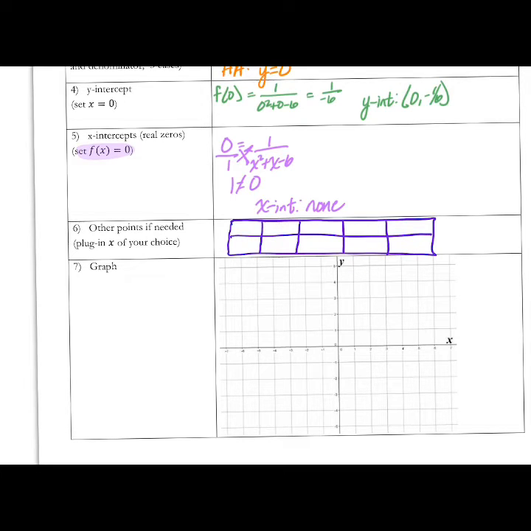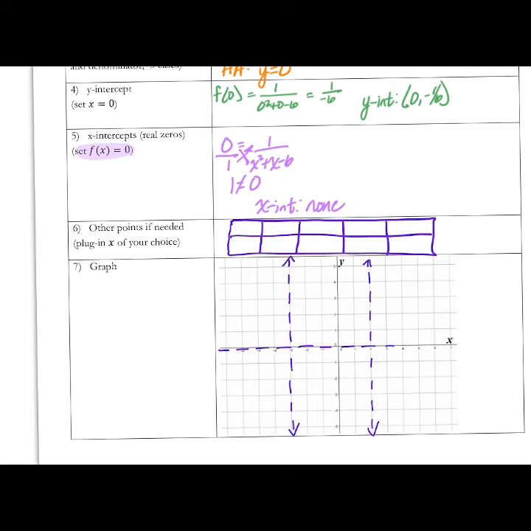I found a vertical asymptote at x equals negative 3, and asymptotes are drawn in with a dotted line. So I've got one asymptote there, and I've got one at 2. And then I've got a horizontal asymptote at 0, y equals 0.